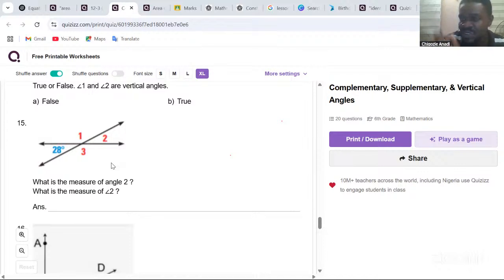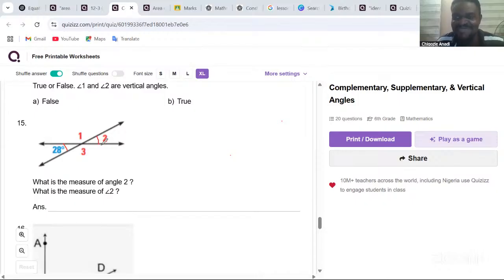Now, in this particular diagram, we've been given an angle here, which is 28 degrees. Meaning that this angle here will also be what? 28 degrees, correct.